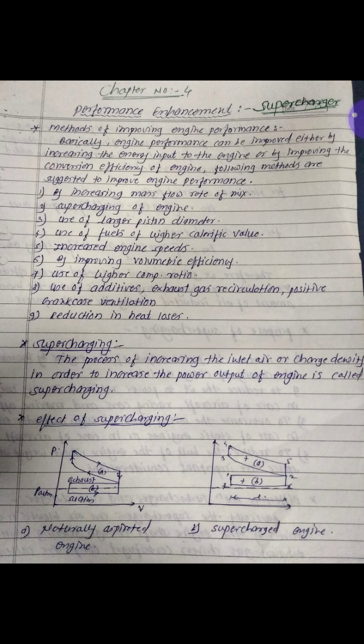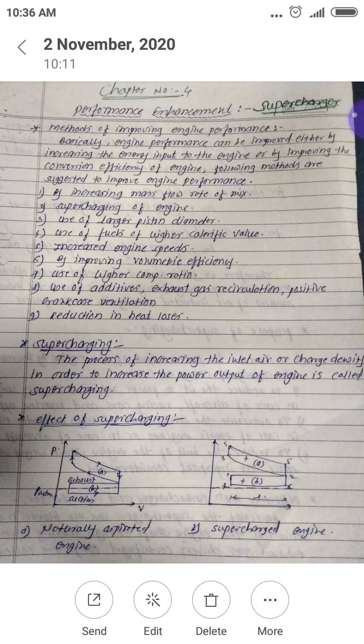Next method is reduction in heat loss. In an engine, after combustion some amount of energy is always lost to the surroundings. So if you reduce this heat loss from the engine, and utilize the heat developed inside the engine cylinder to convert it into mechanical energy without loss, we get maximum power from the engine.